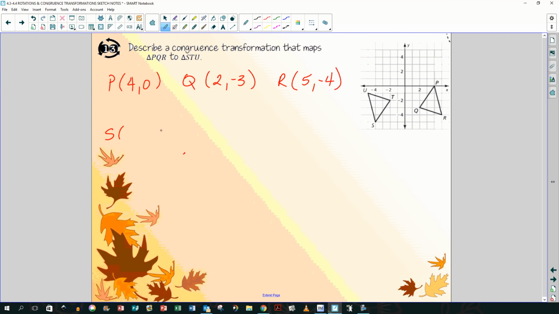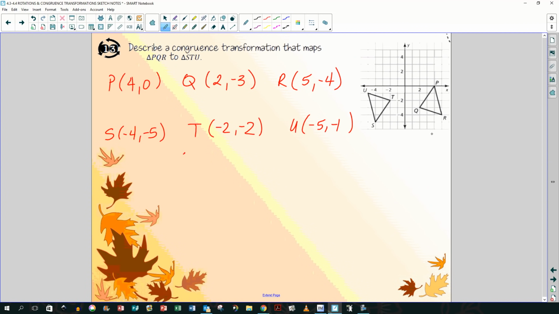So point S is at -4, -5. T is at -2, -2. And this one is at -5, -1.